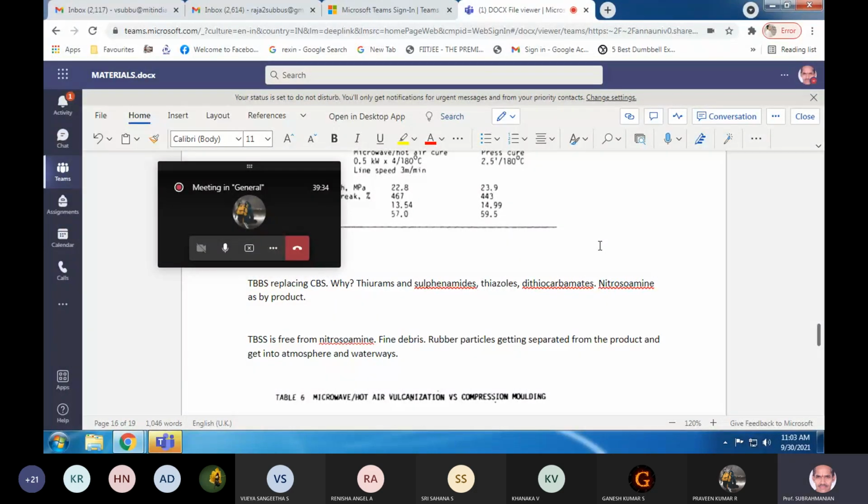They cannot degrade that easily. And by some means, if we consume the water or inhale the air containing rubber particles, nothing wrong with the rubber. Again, I tell you, it is the lack of understanding.